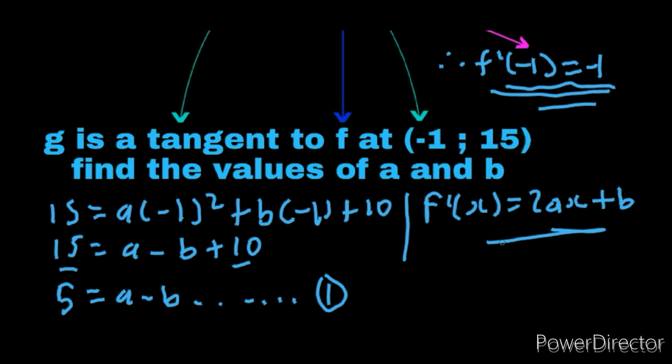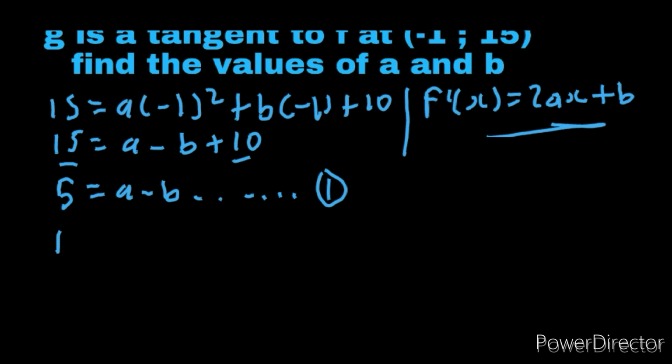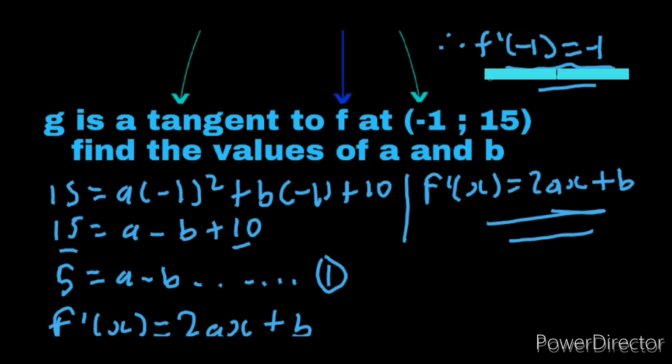So let me rewrite the equation of the derivative. So then we're going to end up having f prime x. So we're going to have f prime x is equals to 2ax plus b. Alright, so now let's substitute this given information. So we have f prime negative 1 is minus 1, meaning that the answer of the first derivative is minus 1.